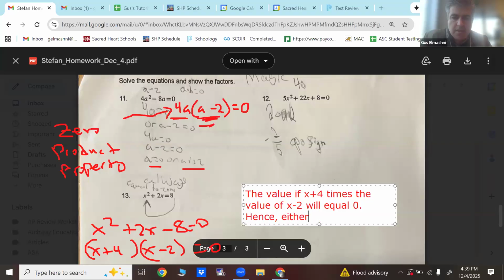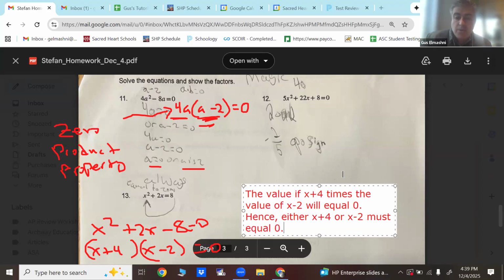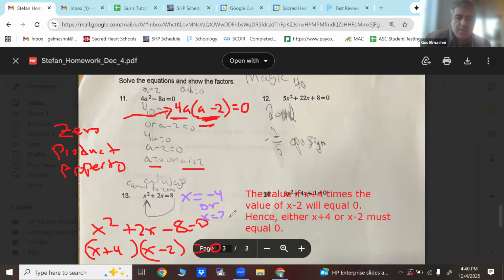Hence, either x plus 4 or x minus 2 must equal 0. And so that's why you get negative 4 and 2 as your answer. Look at that.